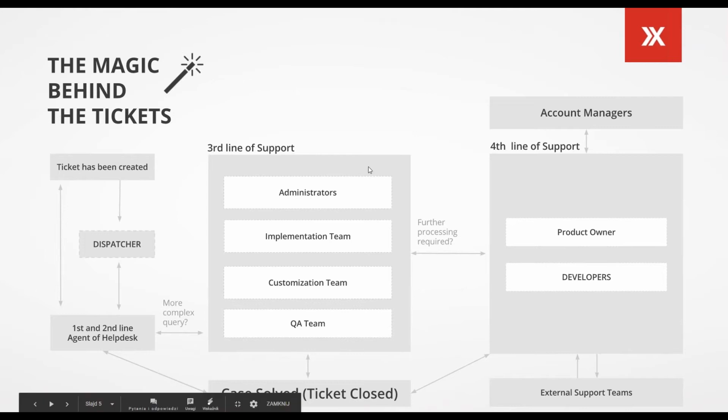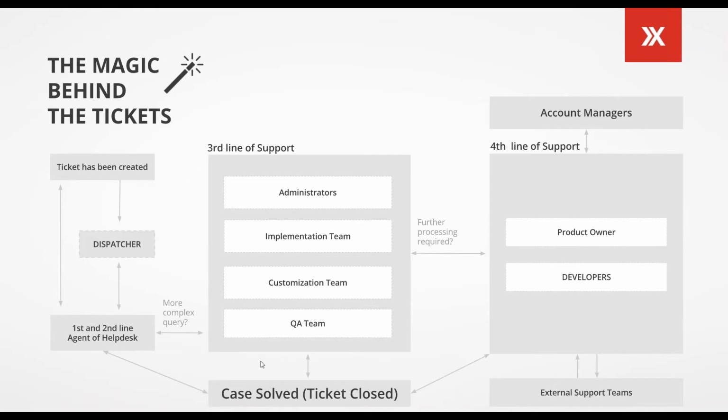Also, as you can see, the first and second line agents of the help desk not only answer the tickets, but the second most important duty they have is to keep the process of communication clear and working.